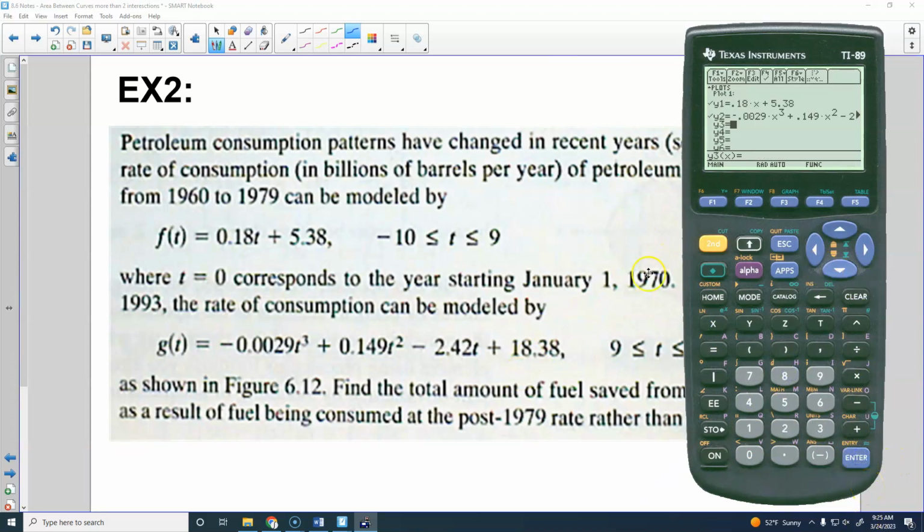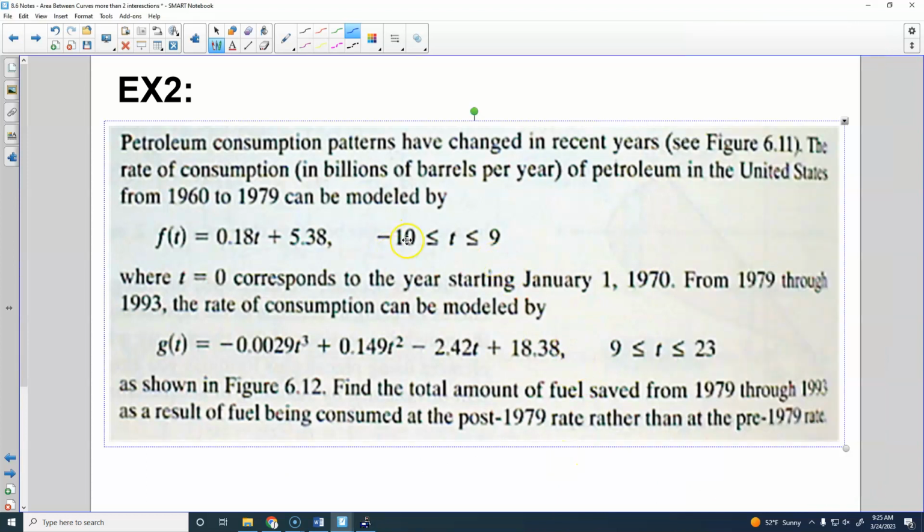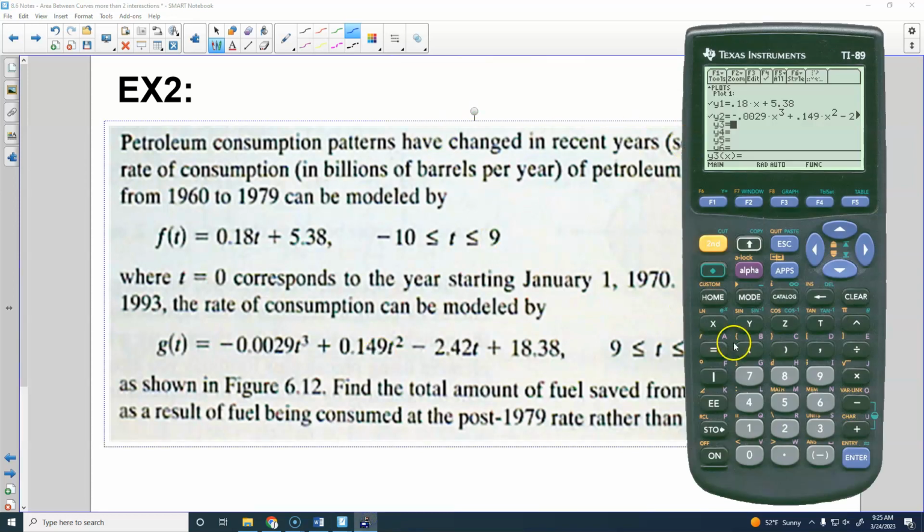All right, so this is a really good place to use Zoom Fit because we know that we're going from negative 10 up to 23. Really, 9 to 23 is what we care about, but it might be helpful to see both. So negative 10 to 23.